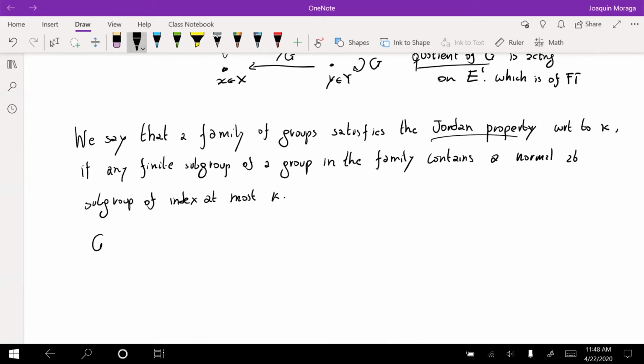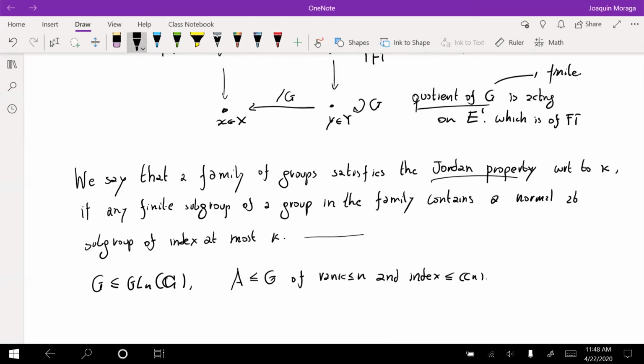So if you have a finite group G, a finite subgroup of GL_N(C), then you can find an abelian group A inside G of rank at most N and index at most C_N, where C_N is a constant only depending on N. Well, actually, I don't know if they stated it in the papers.